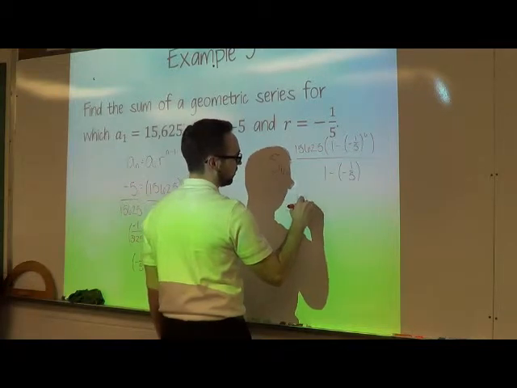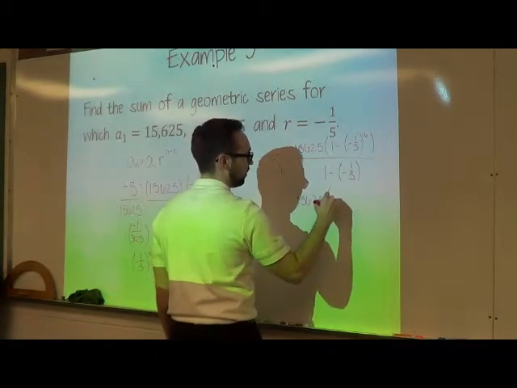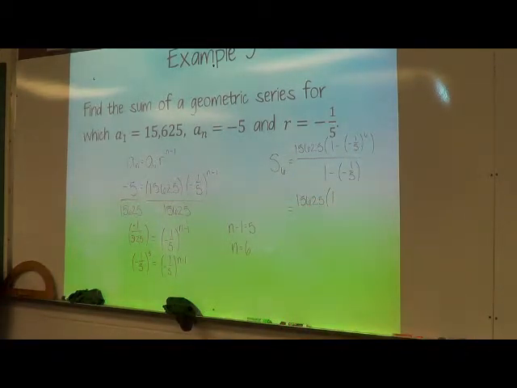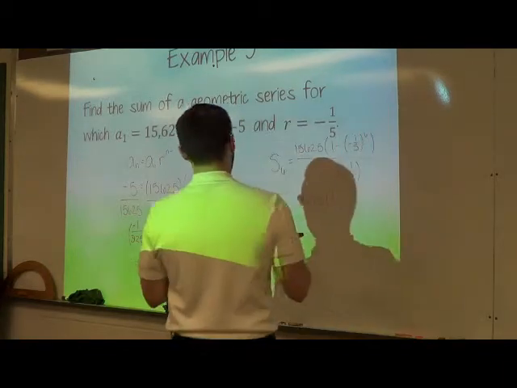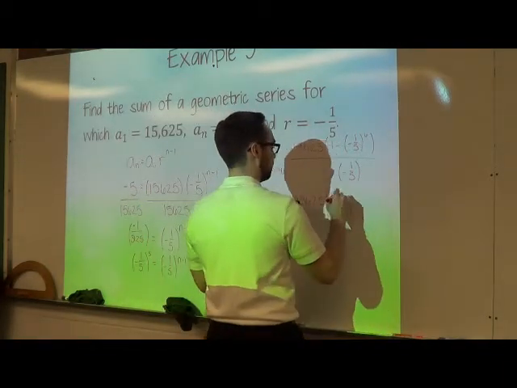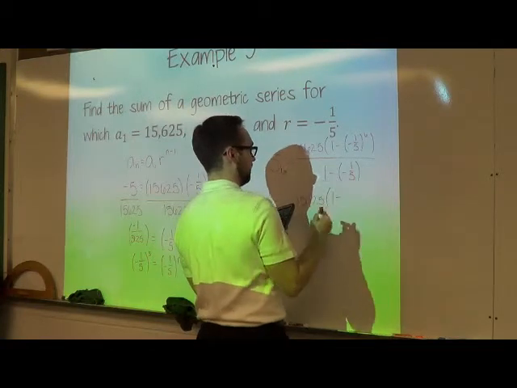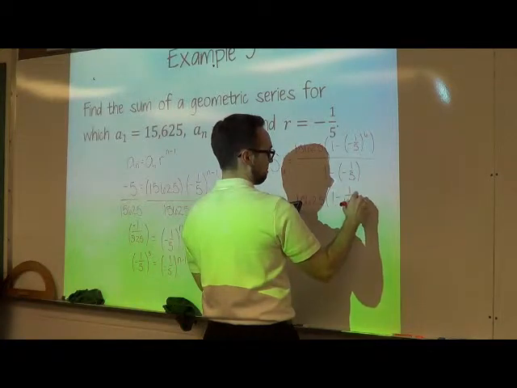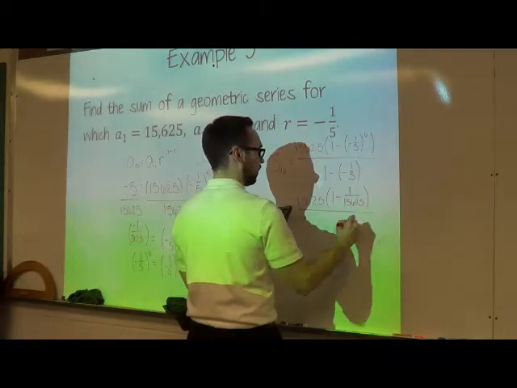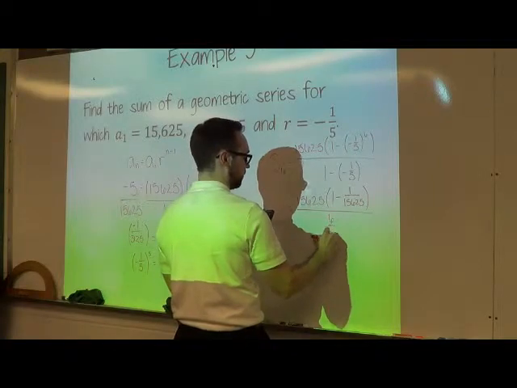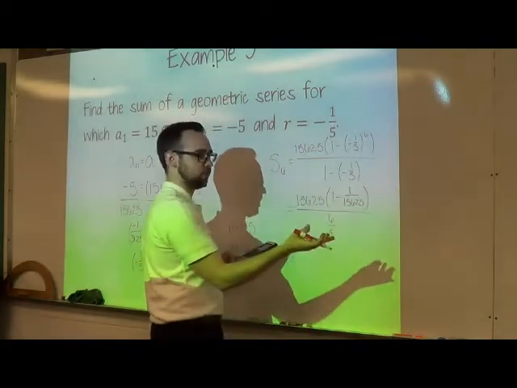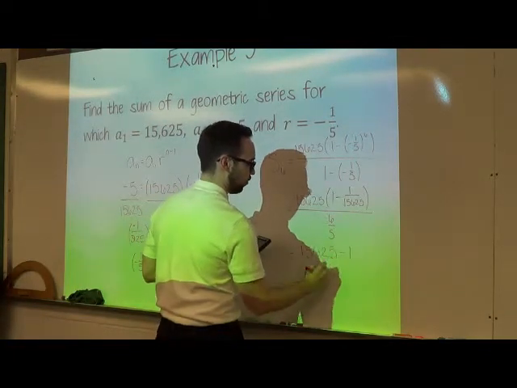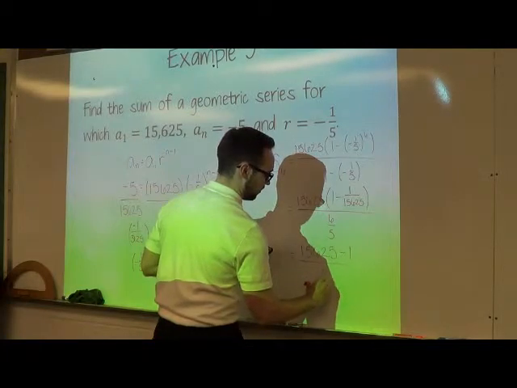So when we do all of this, we end up with 1 minus, 5 to the 6th power is 15,625, so we end up with 1 minus 1 over that, all over 6/5. Now if you distribute this and use the other format of that, we end up with 15,625 minus 1, all over 6/5.